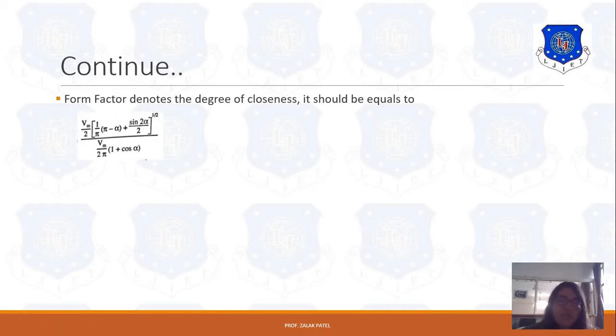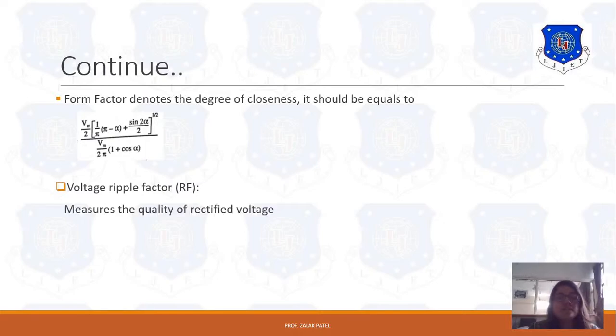Now this form factor denotes the degree of closeness, meaning how close the DC output is to a pure DC voltage. By default the form factor should be equal to 1, but practically it will be somewhat greater than 1.